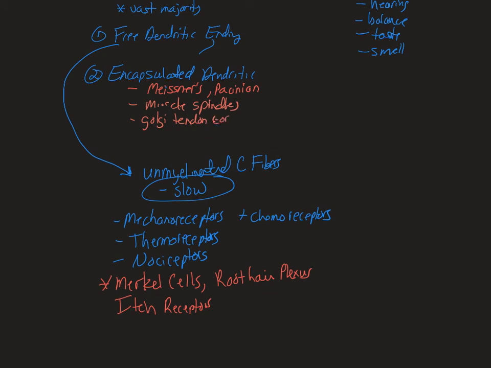Golgi tendon organ. Okay. And these are both proprioceptors. Okay. And again, what you have is the dendritic ending here, and then you've got some kind of capsule that surrounds it and protects the end of it.